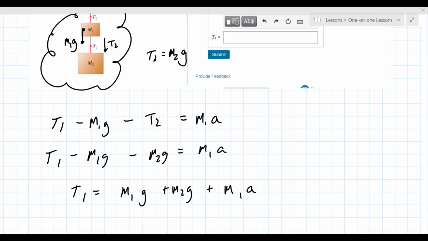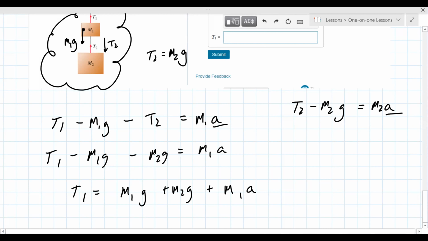This one says incorrect. Be sure to include all the forces acting on the block. What was the tension T2 expressed in terms of the given masses and G? Well, okay, so it could be that there's a little bit more to T2. T2 minus M2G equals mass 2 times acceleration. Because they're moving together, the accelerations are the same in both of them.